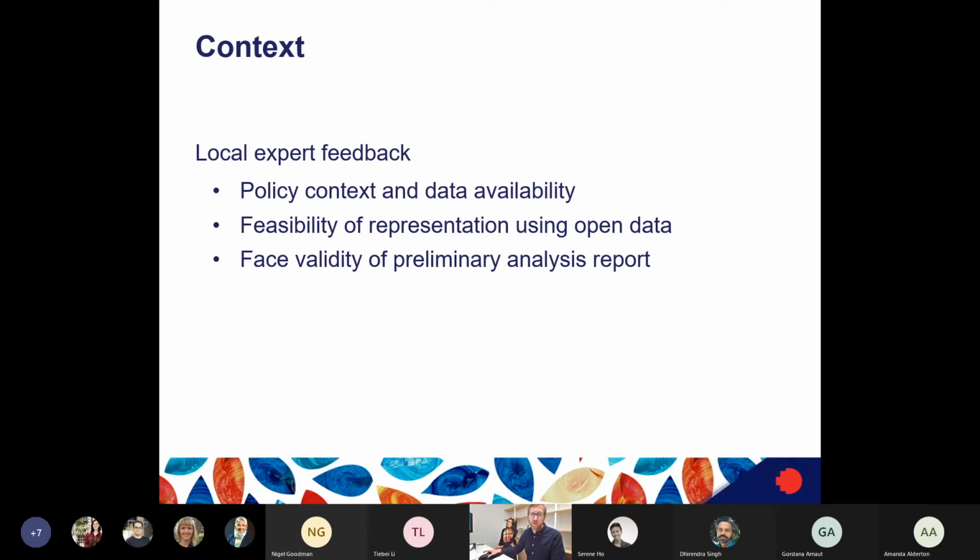So the solution to make this project workable was to see, well, can we do this using open data? And in itself, that's an interesting research question. Can you do this using open data? And people do it using open data, so we felt like we could as well. But being sensitive to those limitations and having constant feedback with the local experts.